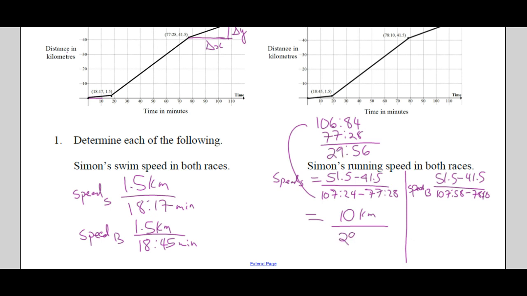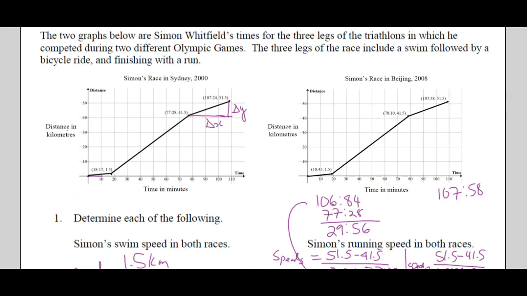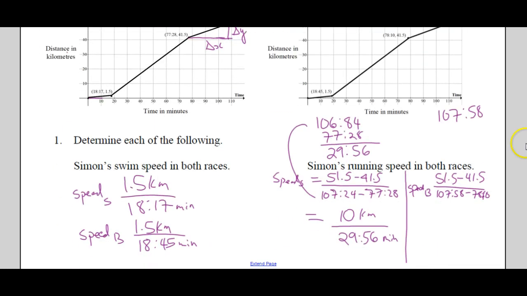Okay, so it's 10 kilometers in 29 minutes 56 seconds. Over here, we got 107:58, and we are subtracting 78:10. So it's okay, I can do that, right? Because this is bigger.